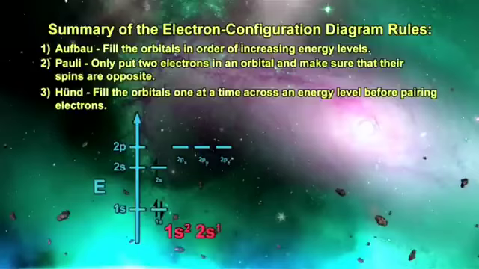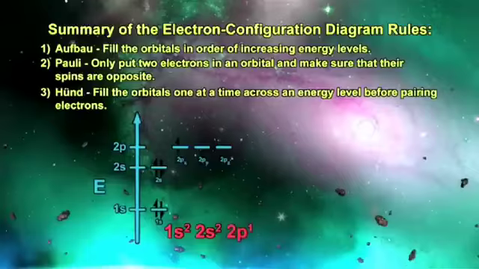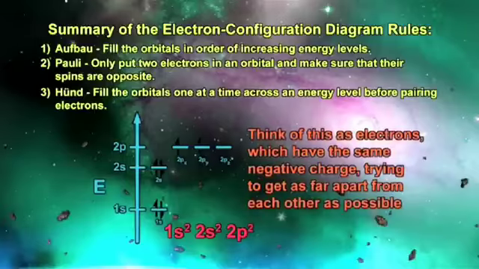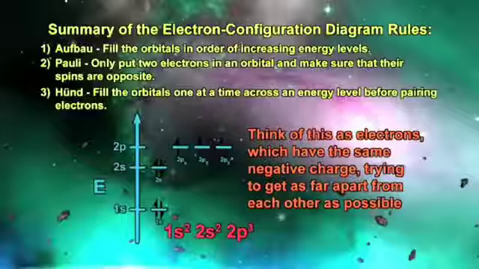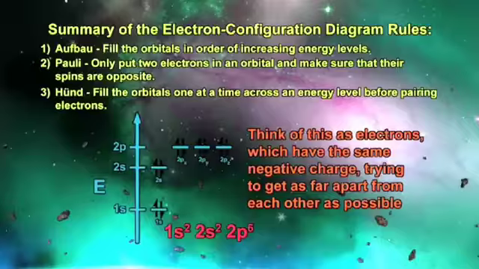The fourth electron also goes into the 2s orbital, but with opposite spin, followed by the fifth electron filling one of the 2p orbitals. Hund's rule states that the sixth electron will go into a different 2p orbital because we should fill the orbitals one at a time across an energy level before pairing electrons. Subsequent electrons are added following these 3 basic rules until the required amount of electrons are added.